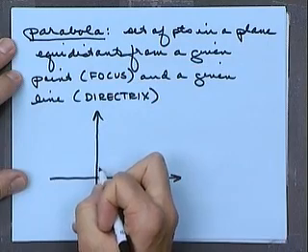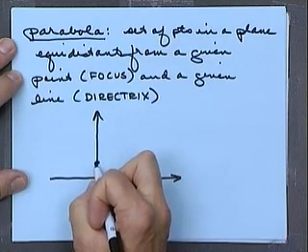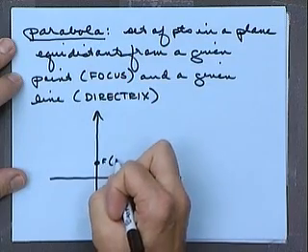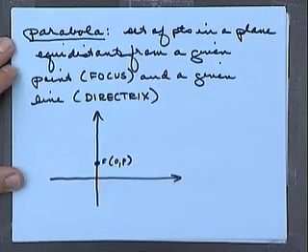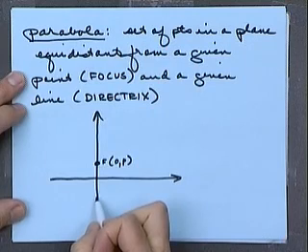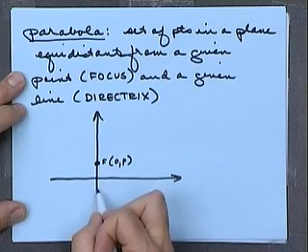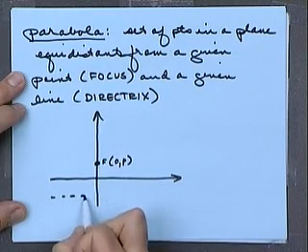So, let's say the given point, the focus, is here at the point (0, p). And that means, because I want the origin to be on the parabola, I've got to come down here with the directrix.